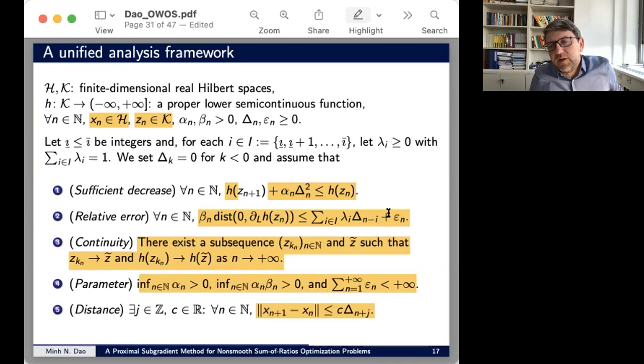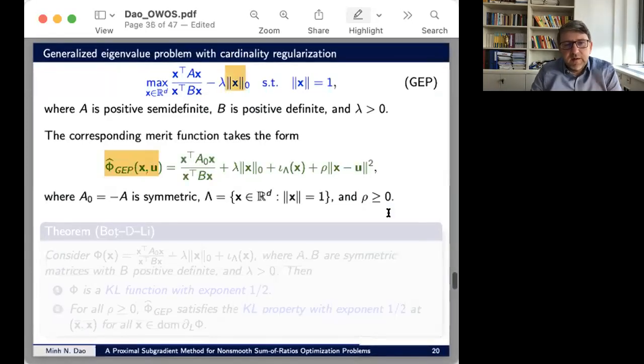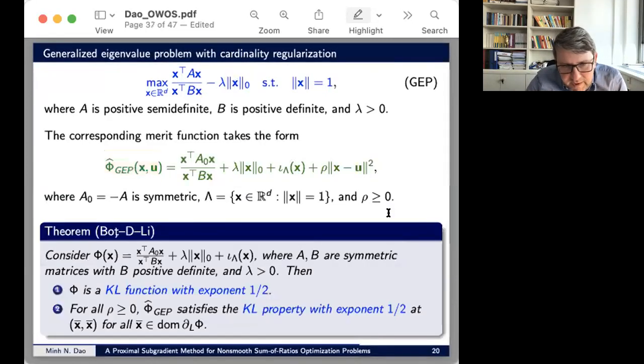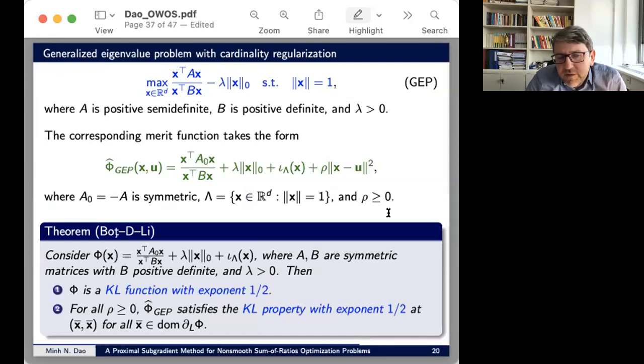So then I have another question, Minh, just to underline that in the last part, you proved that one can use KL calculus. One can calculate the KL exponent for very involved problems.